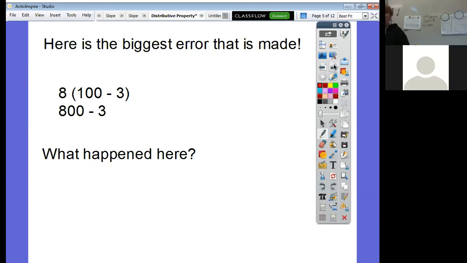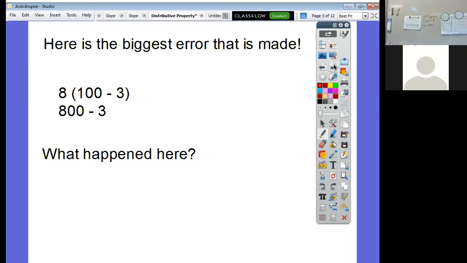So this is the biggest mistake that students make. They get this problem 8 times 100 minus 3, and they end up simplifying it down to 800 minus 3. What happened here? What did they do wrong?